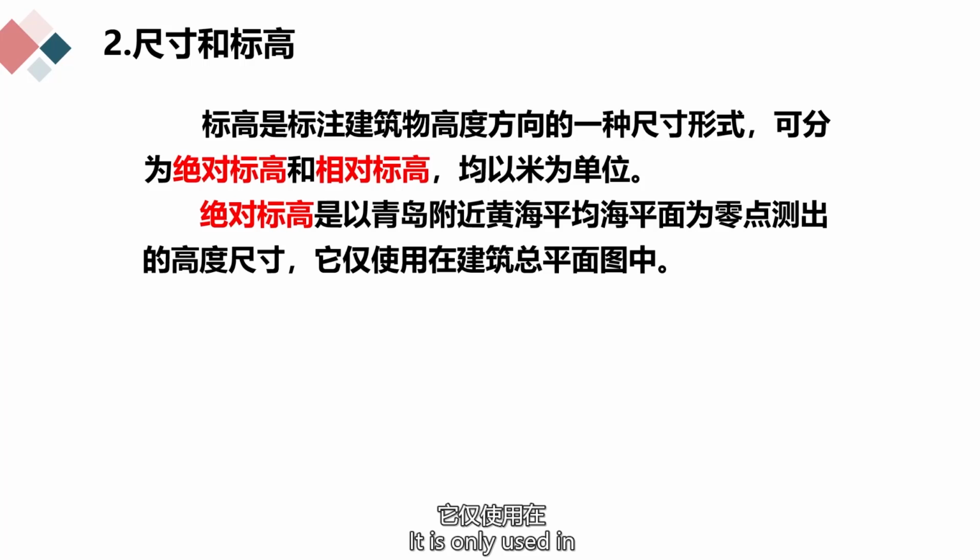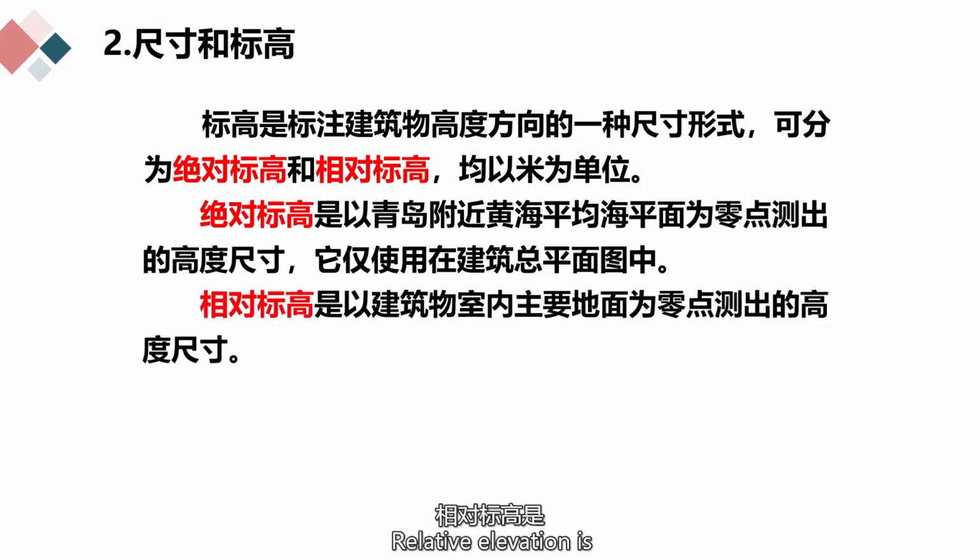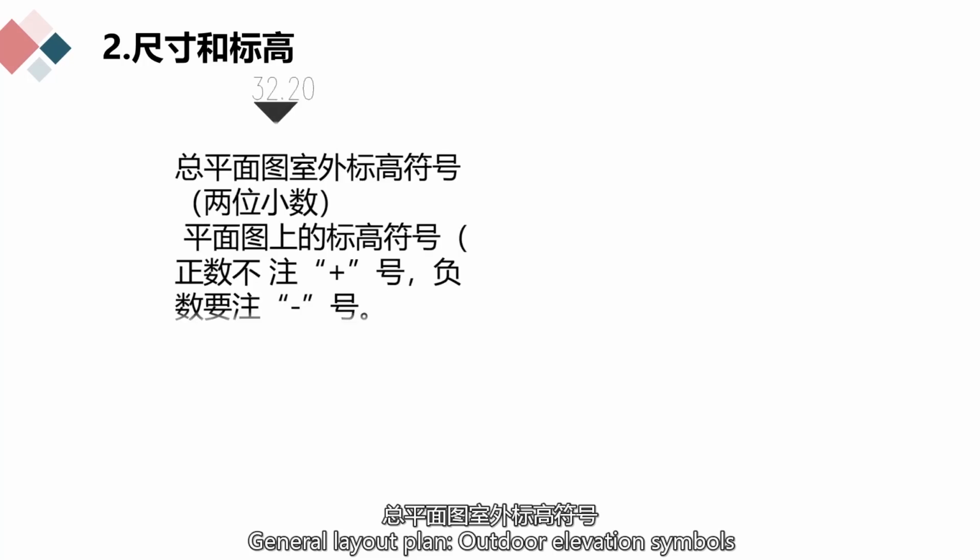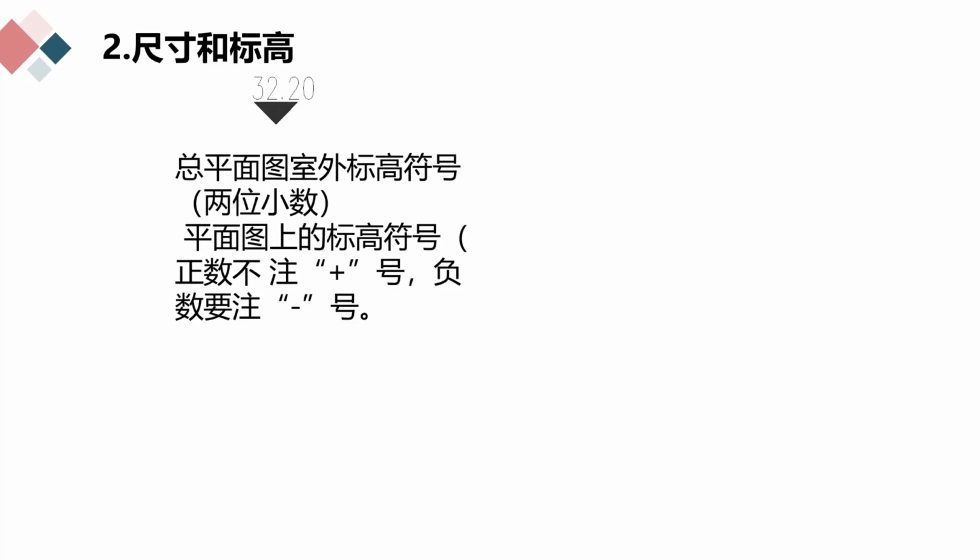It is only used in the general building plan. Relative elevation is the height dimension measured with the main indoor floor of the building as the 0 point. General layout plan, outdoor elevation symbols with 2 decimal places.